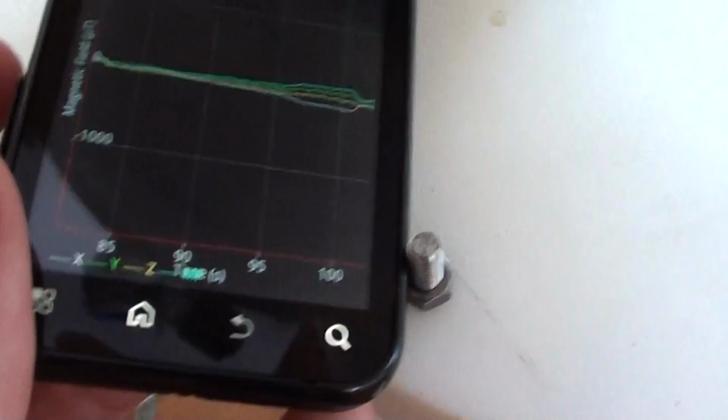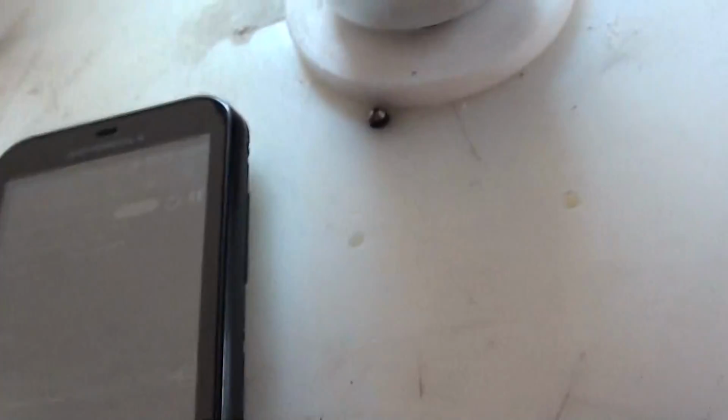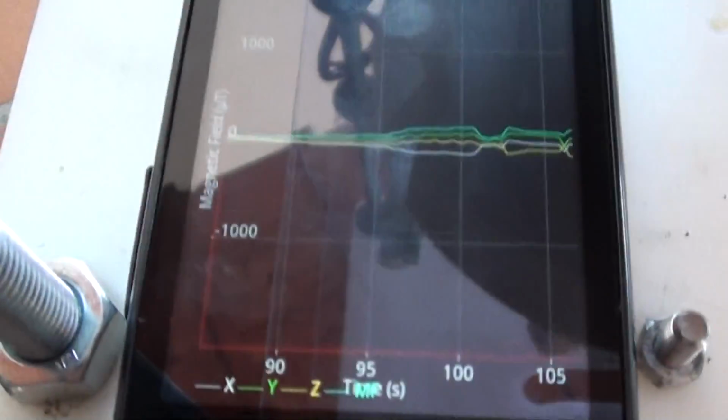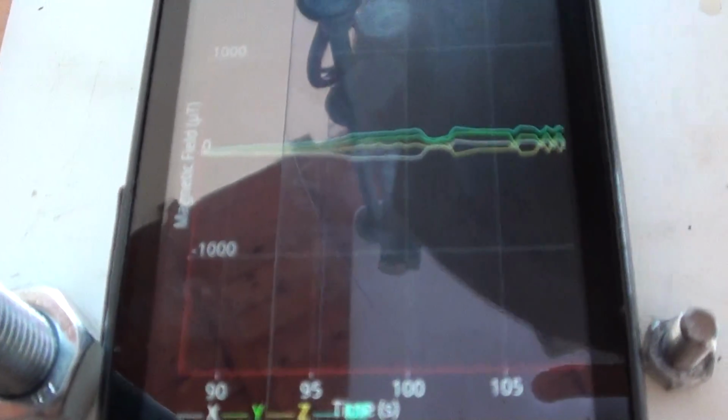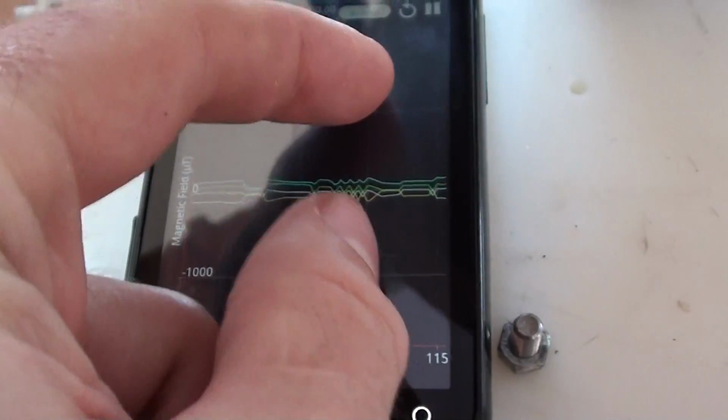Let's put it here on top. And we can see these changes. I will magnify them.